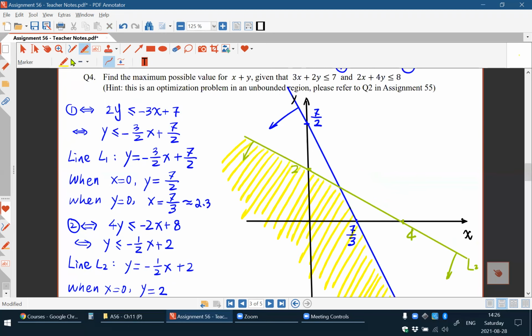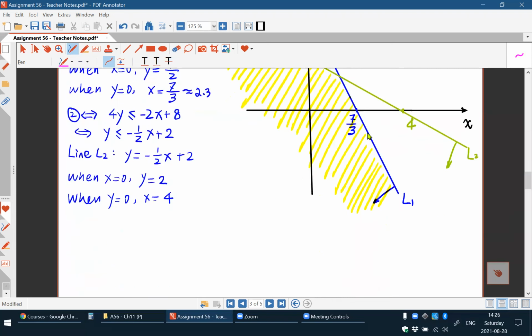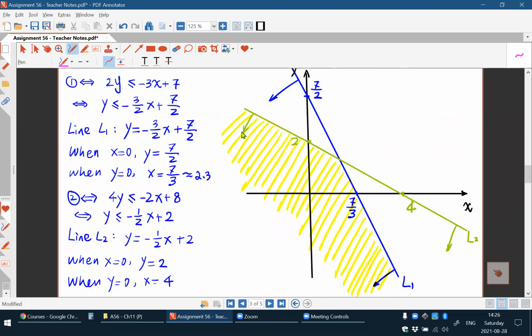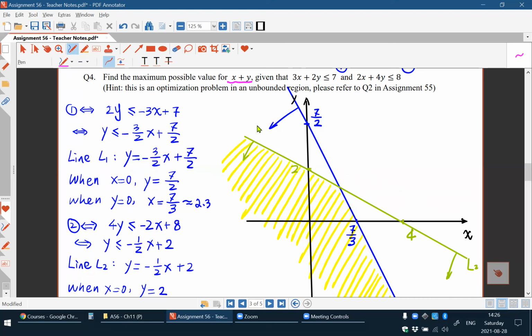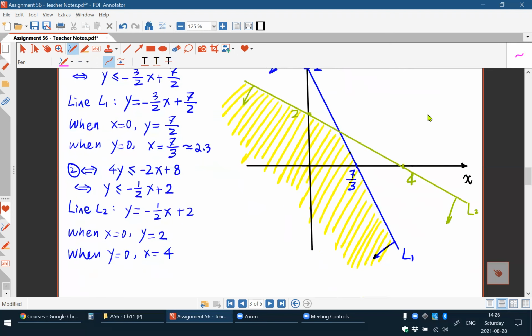We need to analyze. Our target function is x plus y. Because we have an unbounded region here, we can't just analyze the values of the target function at different vertices, because we have an infinite number of vertices.